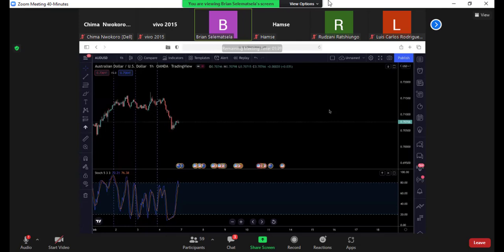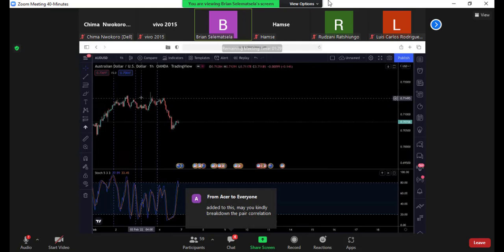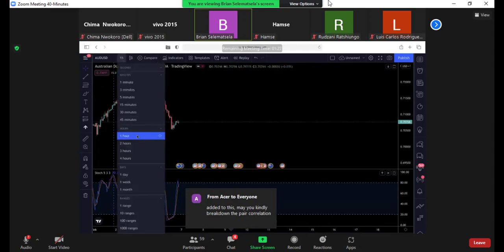So go 1 time frame below, or a maximum of 2 time frames below the chart. If I'm on 1 hour, I'm going to go 2 time frames below.